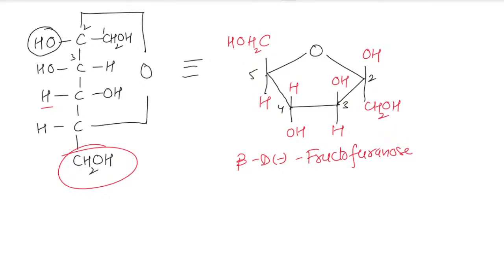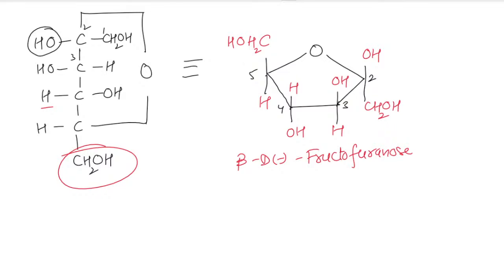And keep in mind, all these monosaccharides, whether aldoses or ketoses, in their hemiacetal and hemiketal forms, they behave as reducing sugars.